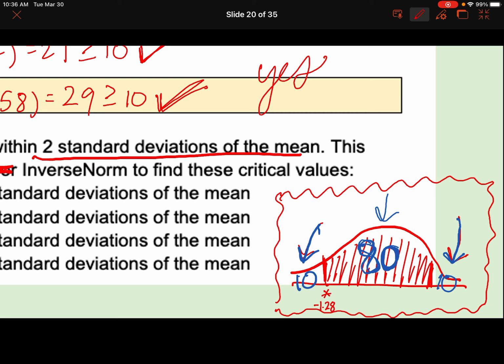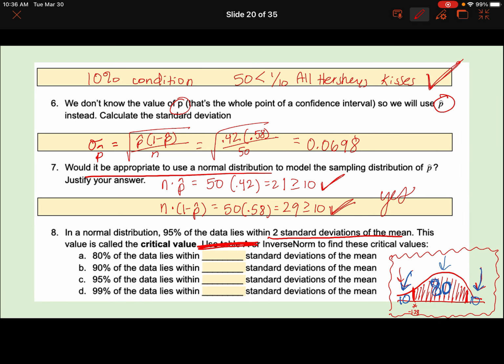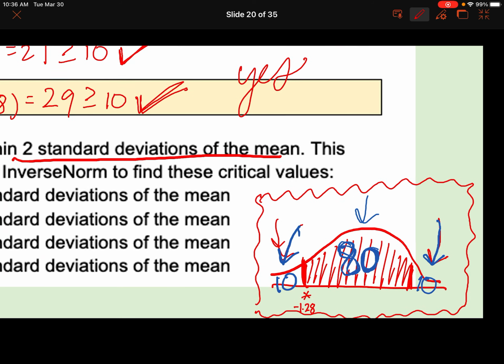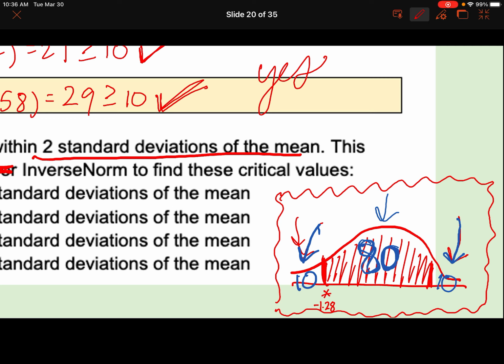And that's for us to be able to get this 10% number. What I can do though is I can just turn that positive, and that's why I was confused for a sec. Because we're looking at both sides on this, the left and the right, this statement now makes sense. It says 80% of the data lies within 1.28 standard deviations of the mean.